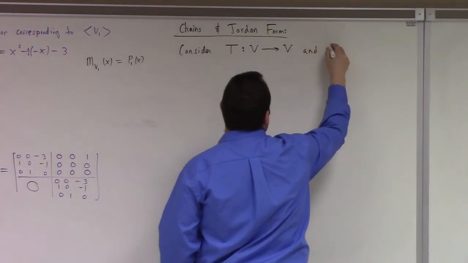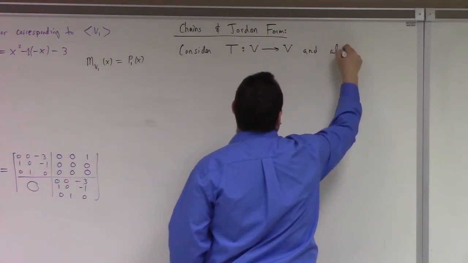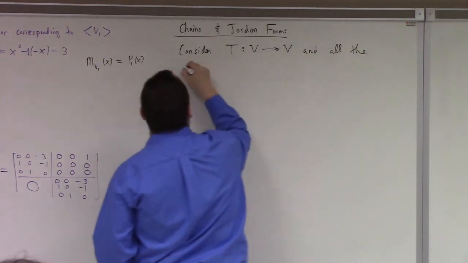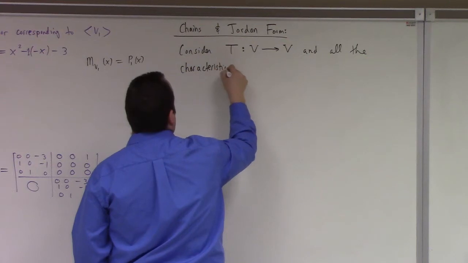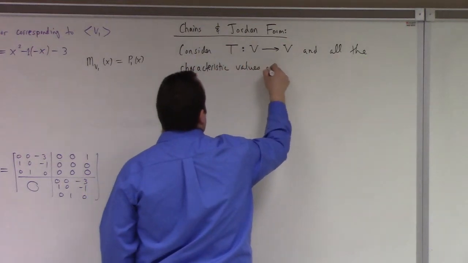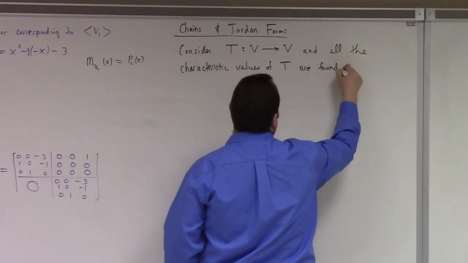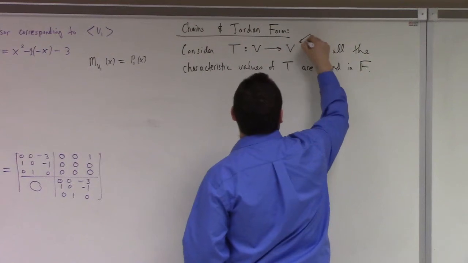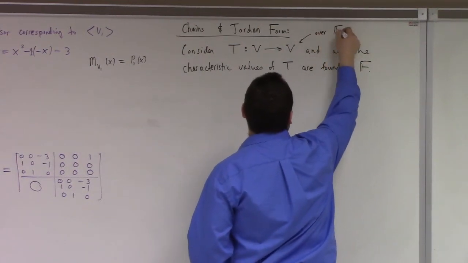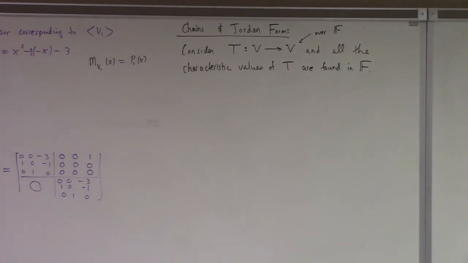And all the characteristic values of T are found in the field. Right, so here, this is a vector space over a field, okay? For example, this would automatically be true if we were working with a complex vector space, right?